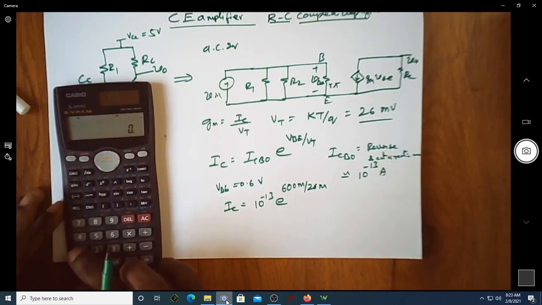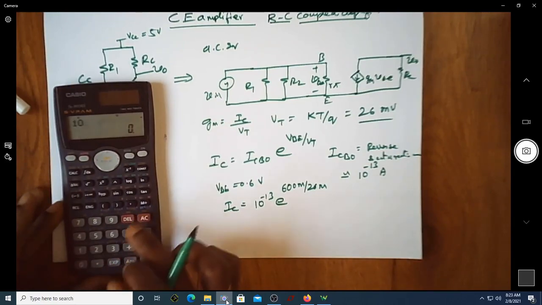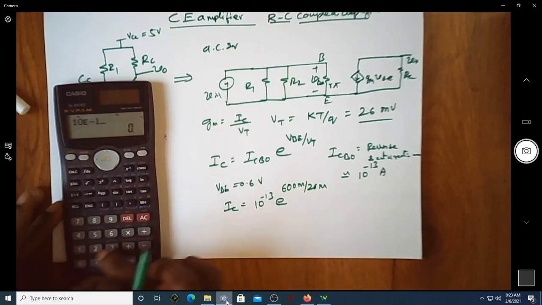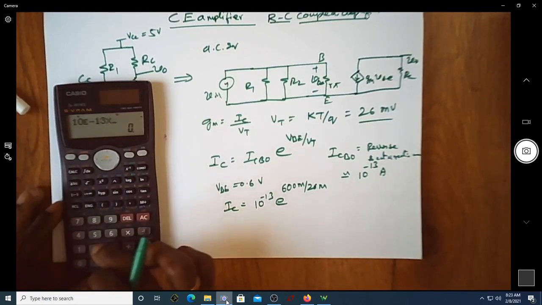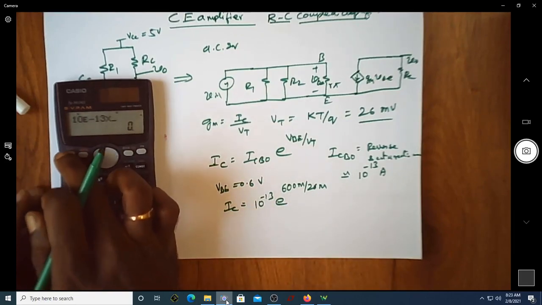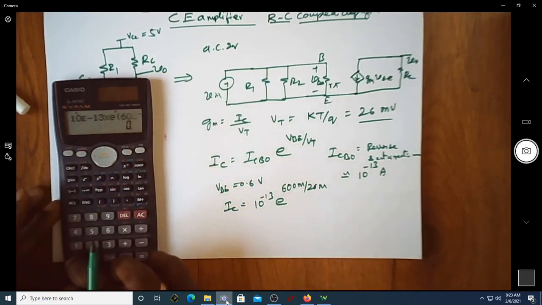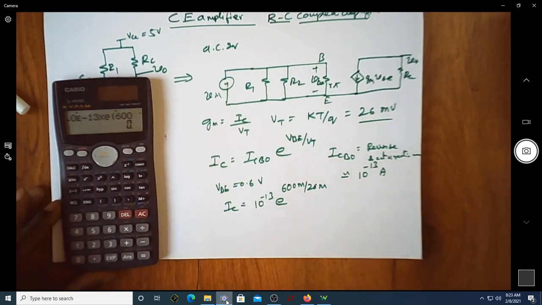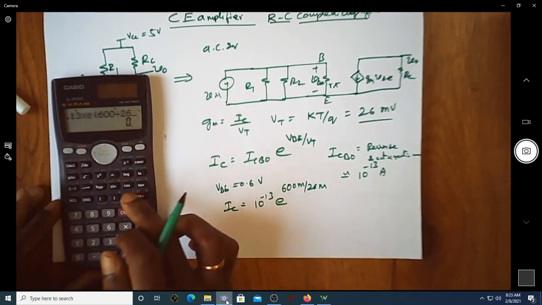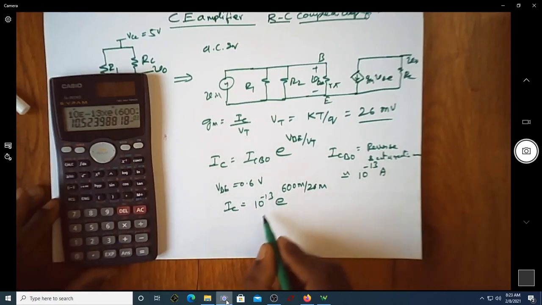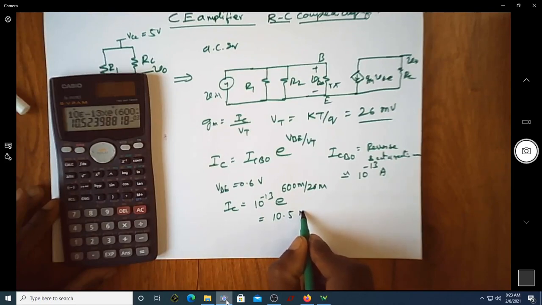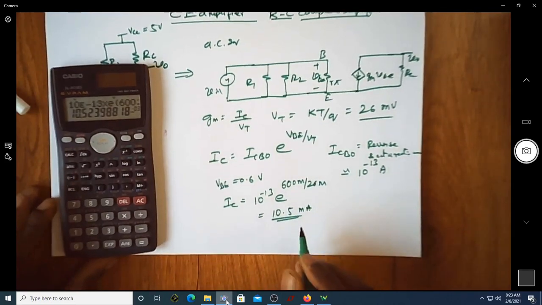It is 10 exponential minus 13 into exponential 600 divided by 26. This is coming out to be 10.5 milliampere, which is a very large current here.